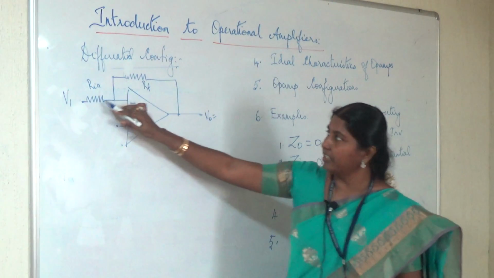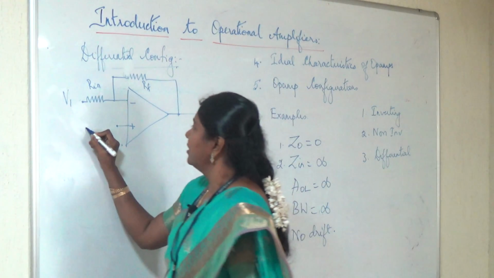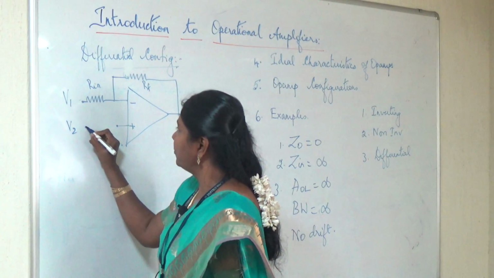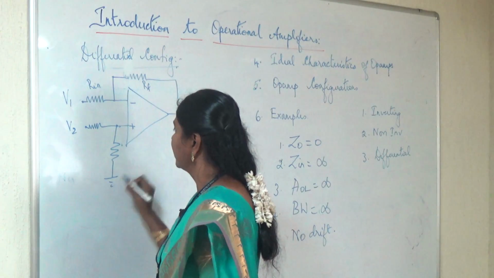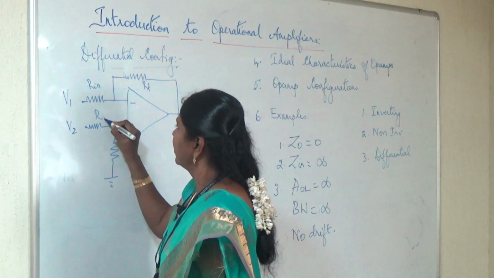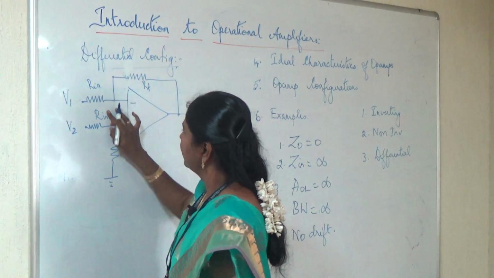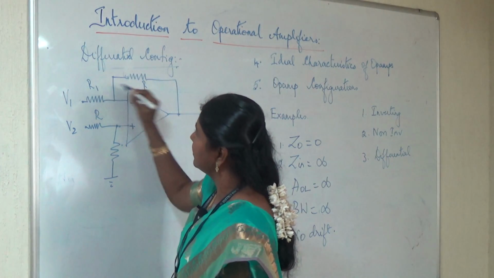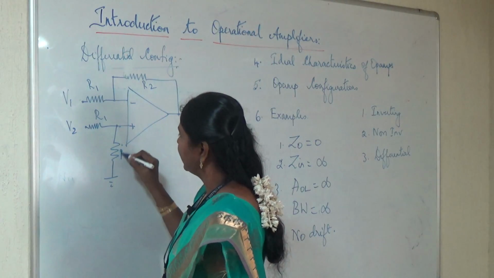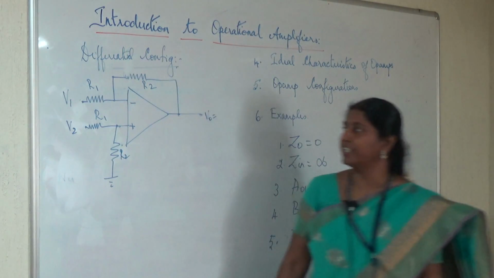So I retain Rin and RF as it is. Another input V2 is going to be given. So now because I have two sets of resistors, I just rename the resistors as R1, R2. Here also I have another set of resistors called as R1 and R2.